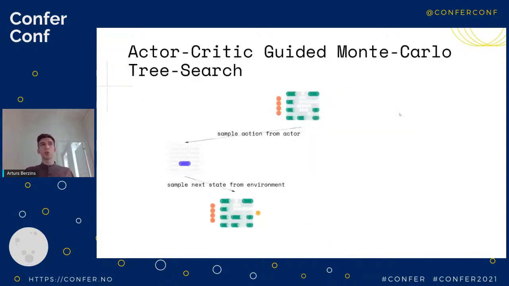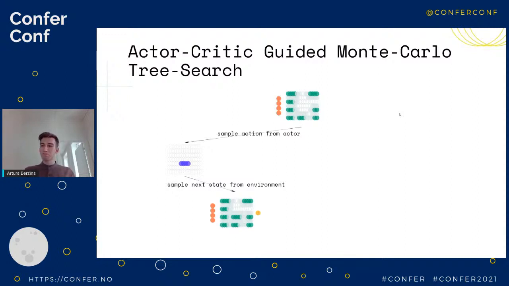So I started researching what could be done to use planning during learning, and this is basically what is done in AlphaGo or AlphaGo 0. And I modified the system to my problem. And the idea there is basically very similar, but instead of expanding all actions or the best actions, you sample from actions and you sample from the environment.